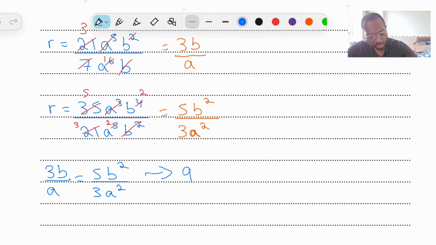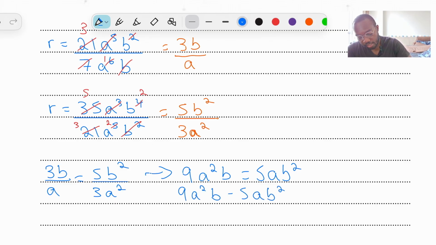Well, we get 9a squared b, and that is equal to 5ab squared. And now let's bring that 5ab squared to the other side. So if we do that, we are left with 9a squared b minus 5ab squared, and that's equal to 0.